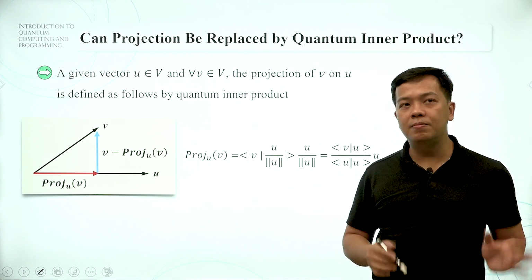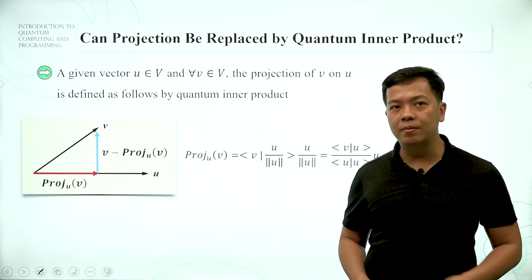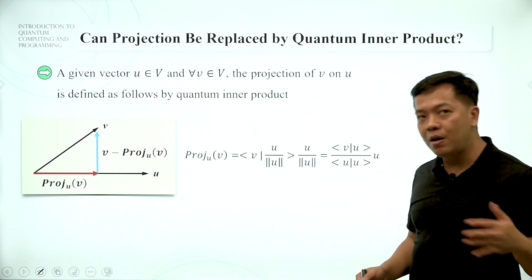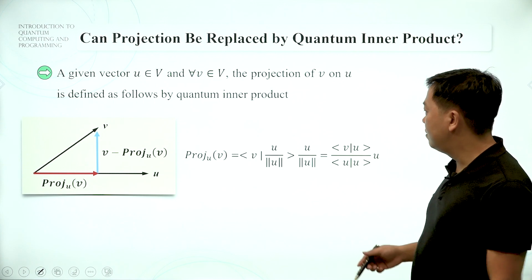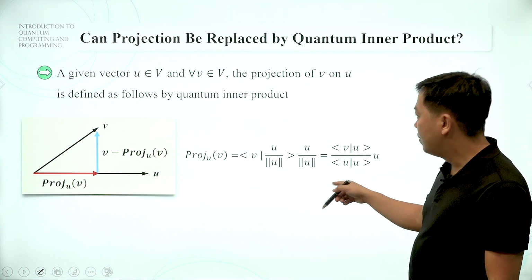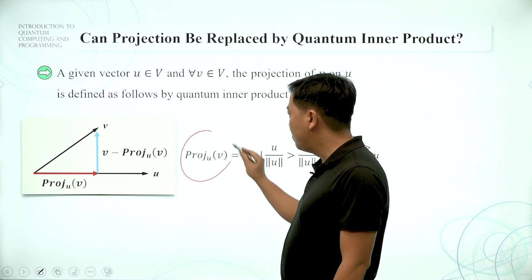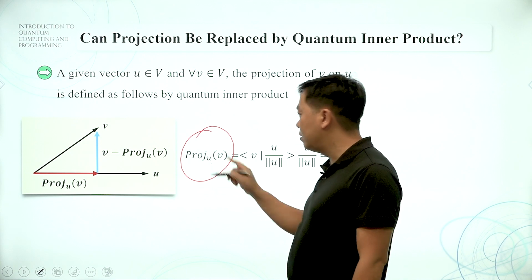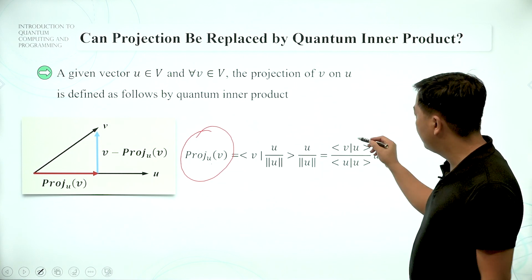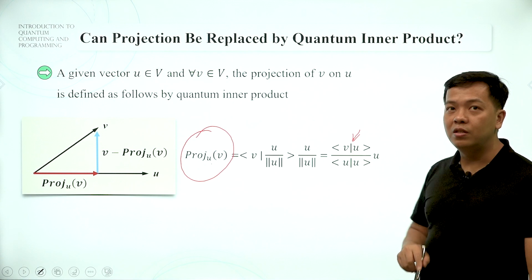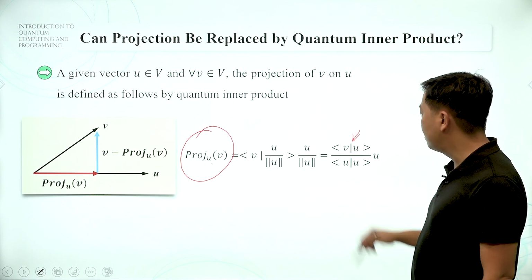So how can we represent this with the quantum inner product? Previously we only cared about the standard inner product, so over here we can represent it again. If we project from a vector u onto vector v, you can transform to this, which is the quantum inner product.